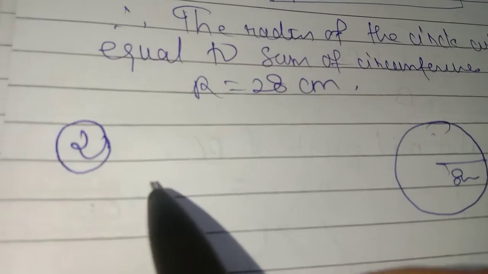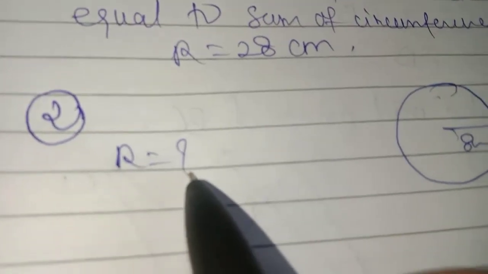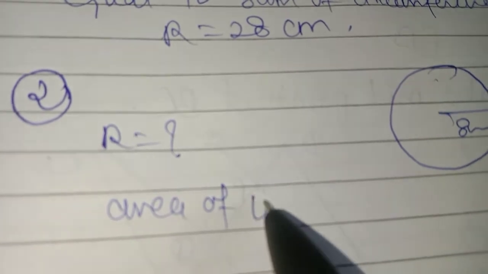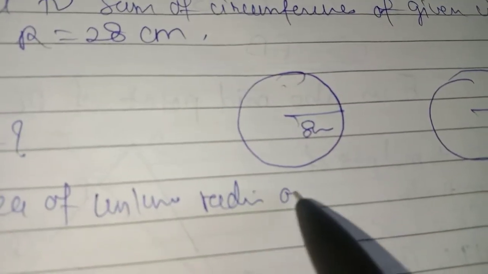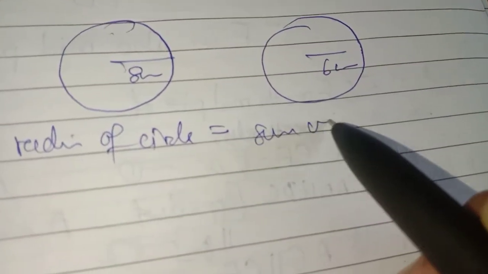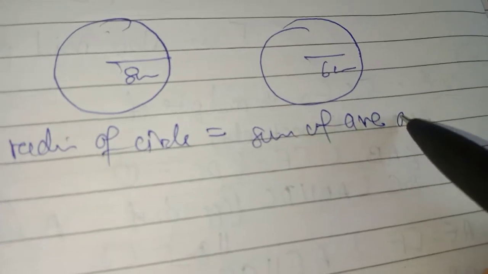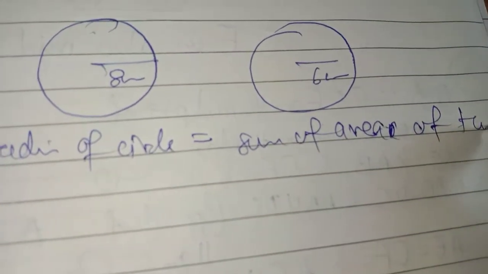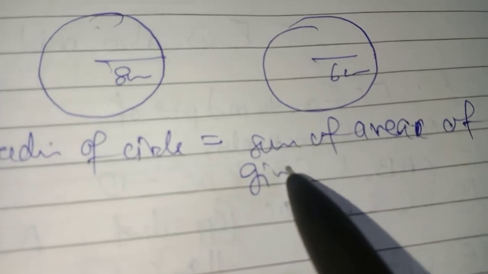We have to find the radius when the area of the unknown circle is equal to the sum of the areas of the two given circles.